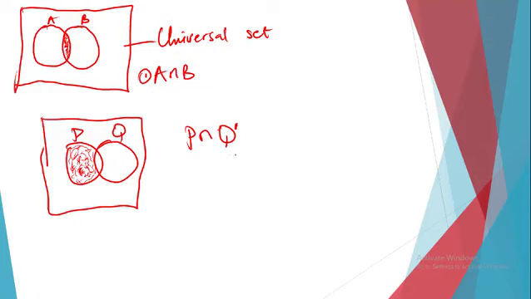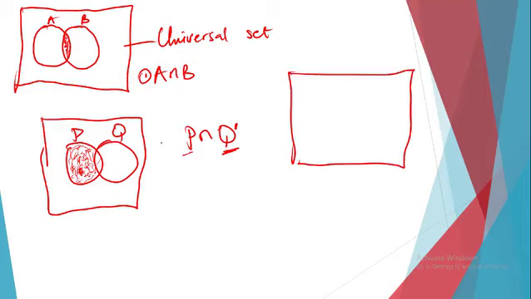The Q complement. So taking the intersection, which is here, this signifies P intersection Q complement. Okay, this is number 2.